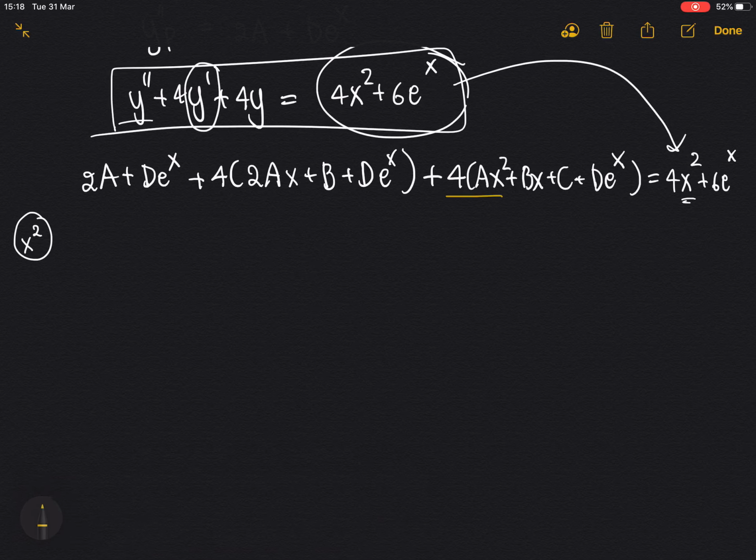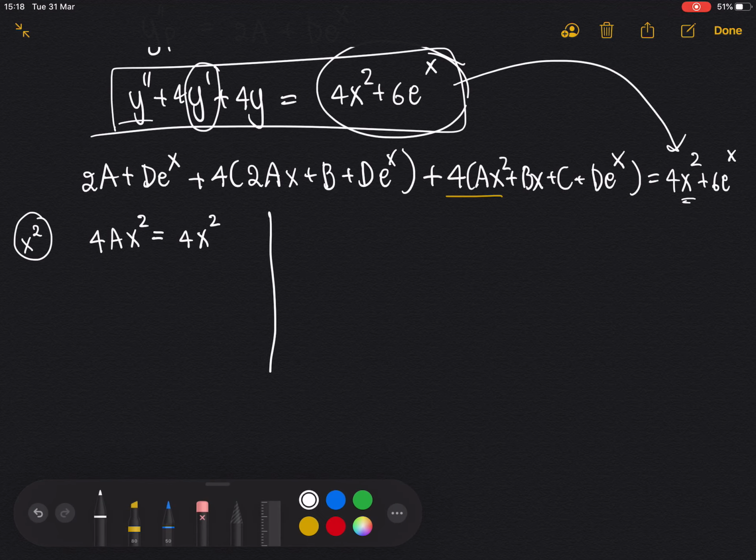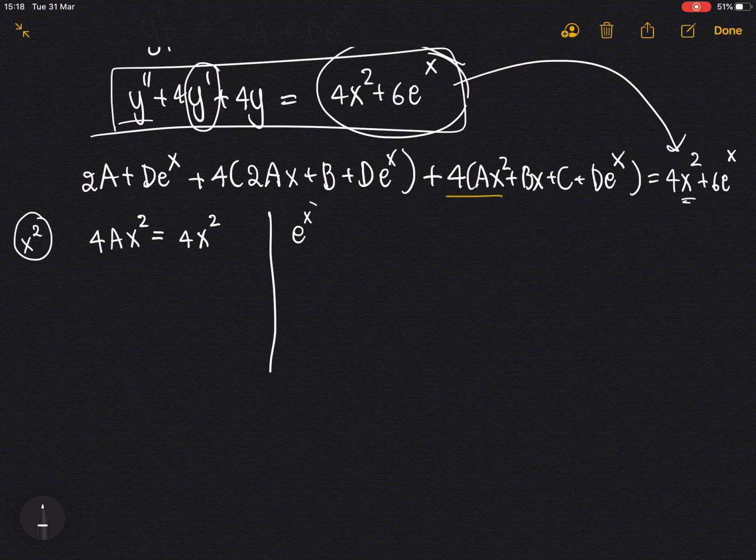Right, that is this one, right? So therefore we have 4ax squared equivalent to 4x squared on the right hand side of the equation. And next, are there any terms that contain the exponential of x on both sides of the expression?